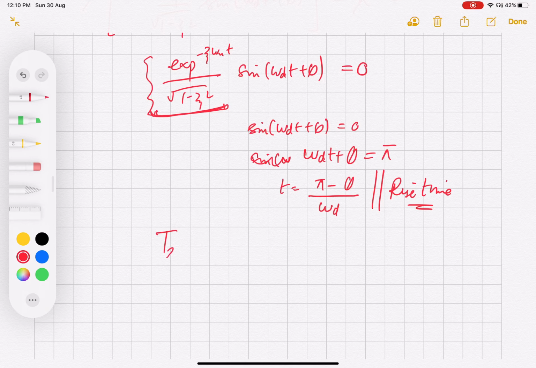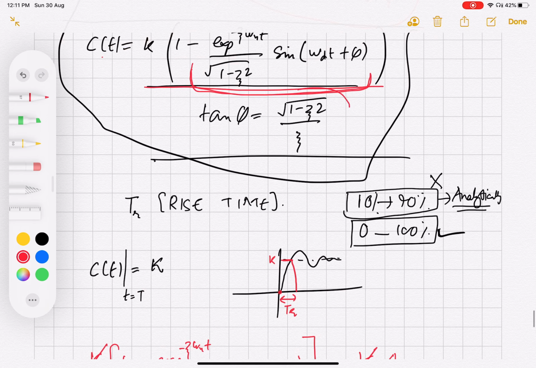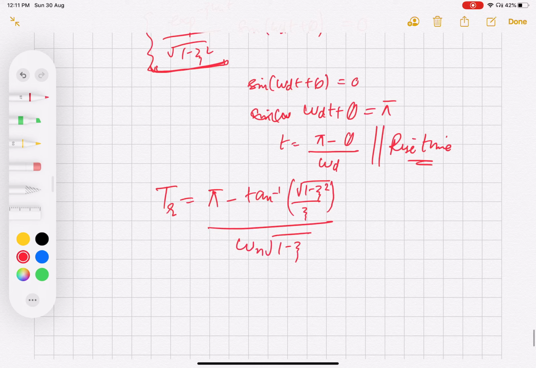So the rise time expression is pi minus, now what is this phi? This phi is the phi that we obtained here, right? Tan inverse of under root of 1 minus zeta square by zeta, divided by omega n under root of 1 minus zeta square.